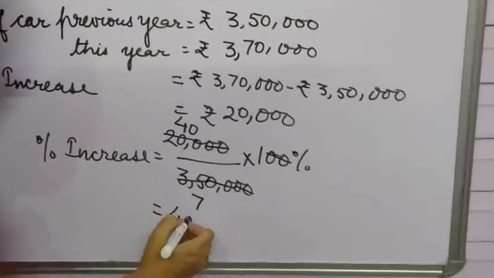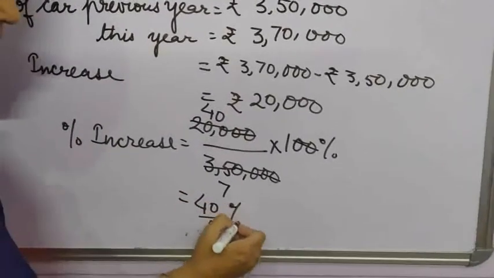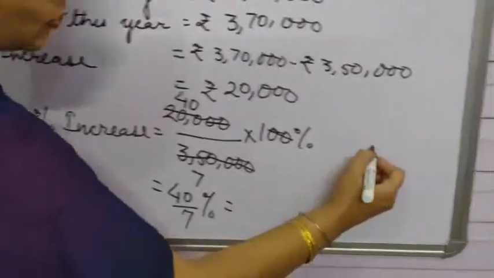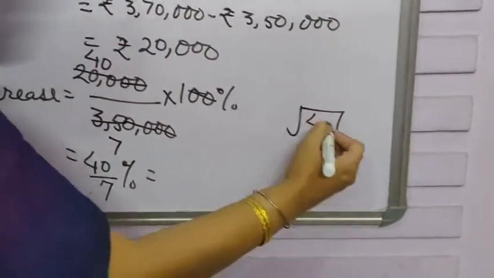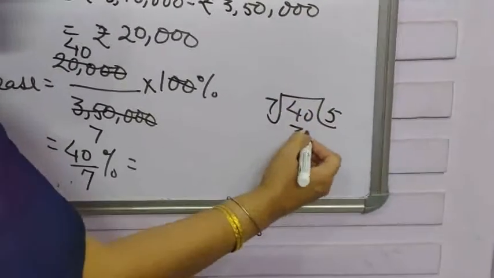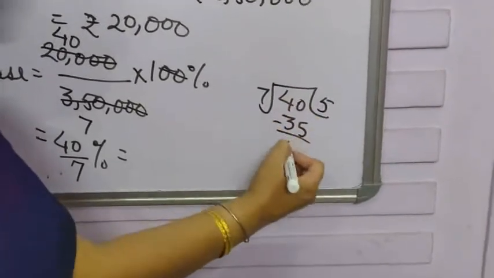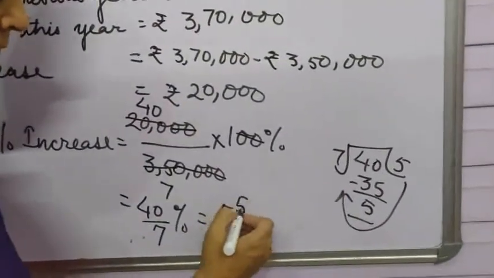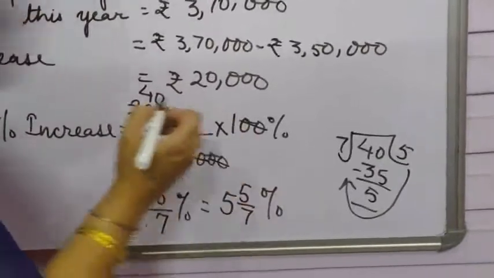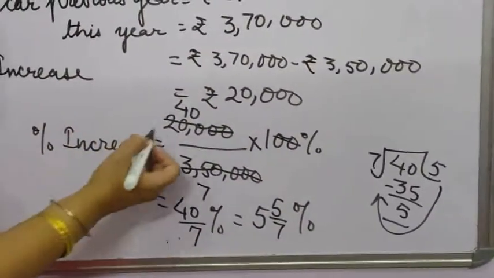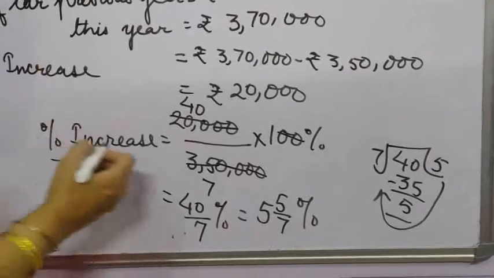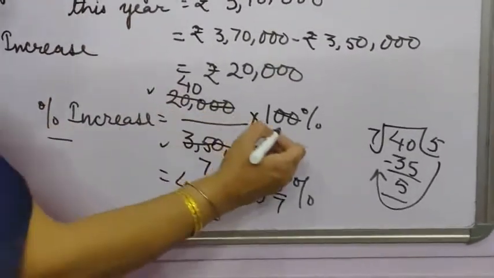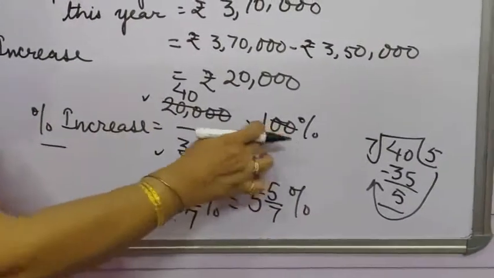So it is 40 upon 7%, and since this is an improper fraction, let us convert it into a mixed fraction. If I divide 40 by 7, 7 fives are 35 and 5 will be the remainder. So it is equal to 5 and 5 upon 7%. The thing you are to keep in mind is that the thing whose percentage you want to find goes in the numerator, and the total goes in the denominator, multiplied by 100%.